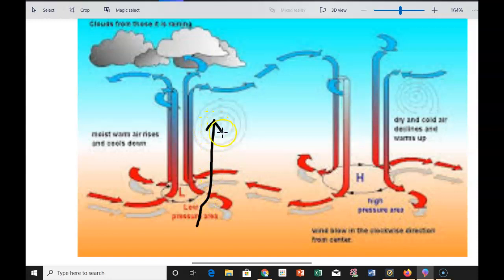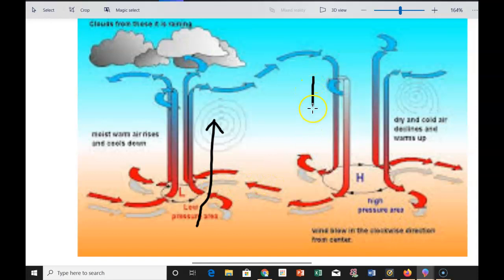The air rises, and as it rises, it can cool, and once it cools, it can condense and form clouds. So one of the characteristics is rising air and cloud formation, or cloudy skies, or precipitation. And then the other one, because of the Coriolis effect, you have this counterclockwise rotation in a low pressure.